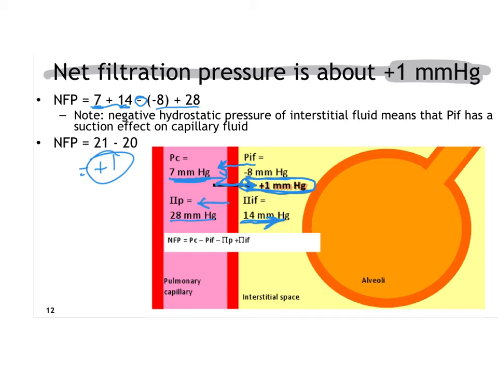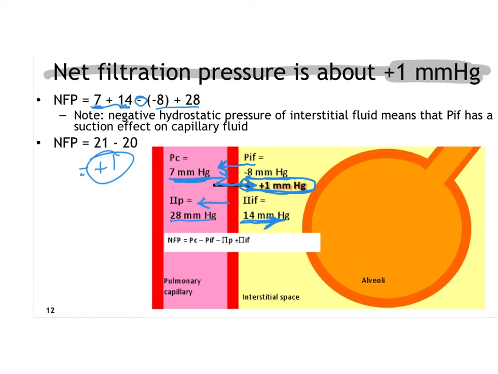Where's water going to go? Because the net pressures are a +1 in the interstitial space, fluid will have a tendency to go in that direction, okay? That's important because the fluid that goes in there at that point, that fluid can seep out and go in there, picked up in the lymphatics, and is carried away. Okay? That's standard what happens.